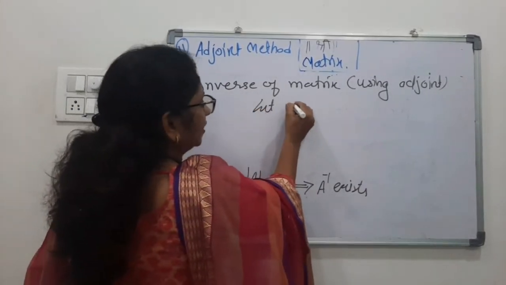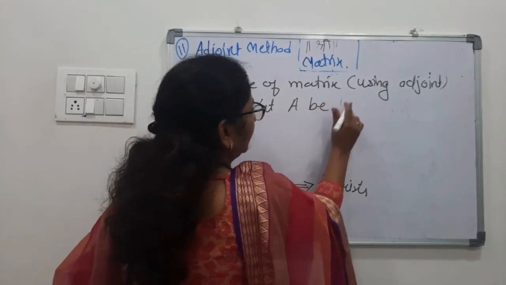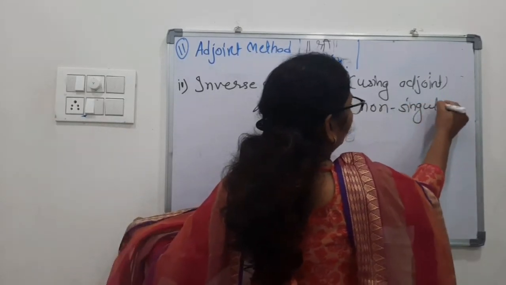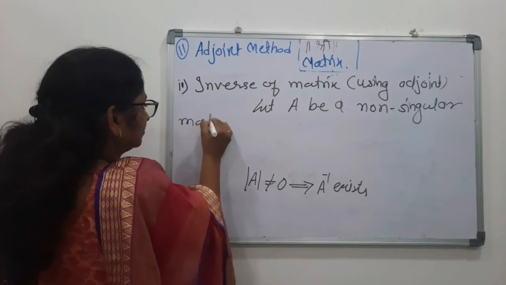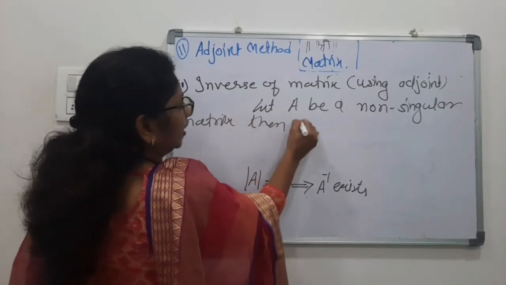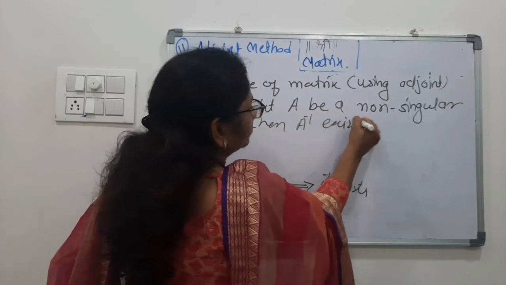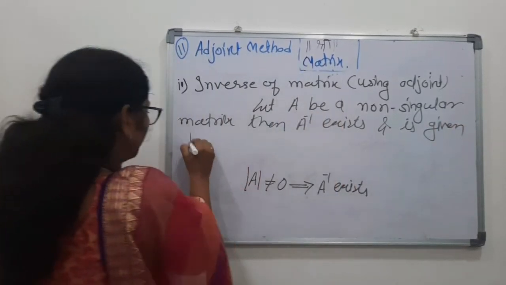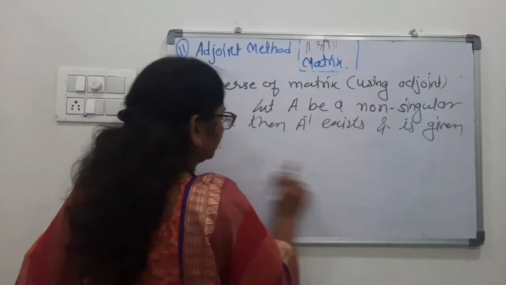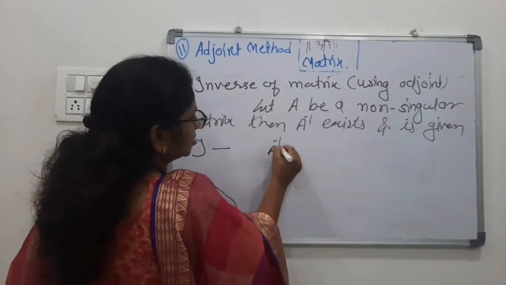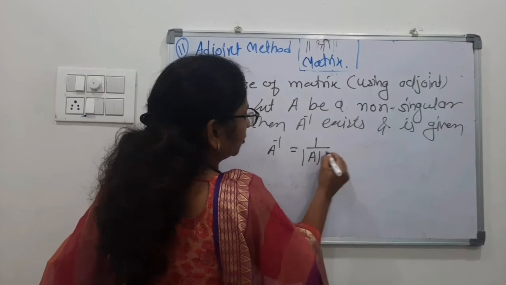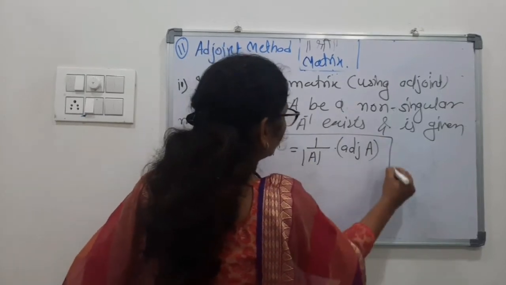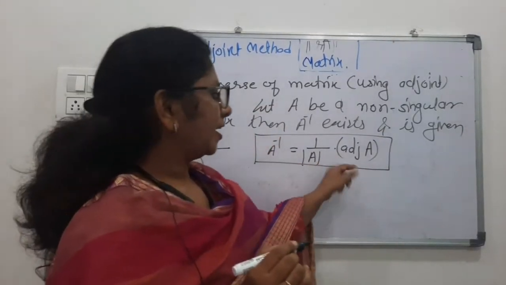Let A be a non-singular matrix. Then A inverse exists and is given by A inverse equals 1 upon determinant of A into adjoint of A. So this is the inverse using the adjoint of A.